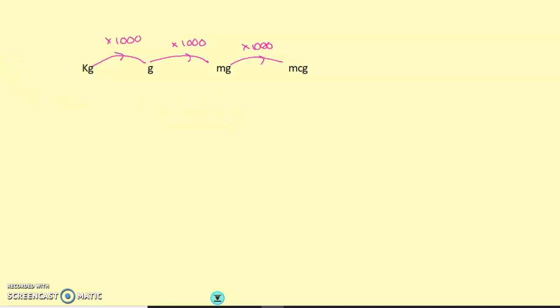Same idea as before, that's going one way, going the opposite way, instead of timesing, I'm going to divide. The bit that I really want you to concentrate on here is going from grams to kilograms. That's what I want you to practice here.